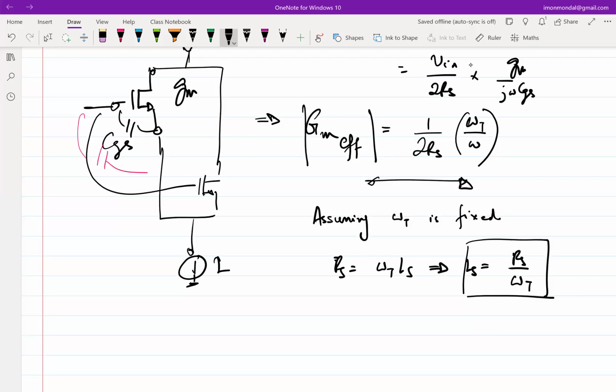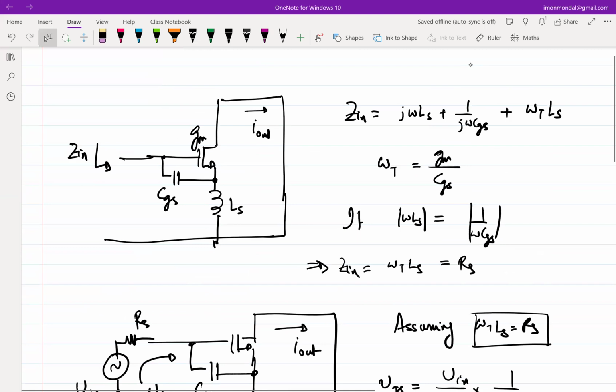Now, the problem here is, at what frequency is this going to match? Note that the frequency at which this is going to match is at 1 over the square root of Ls times CGS, because ultimately you are trying to cancel out these two.